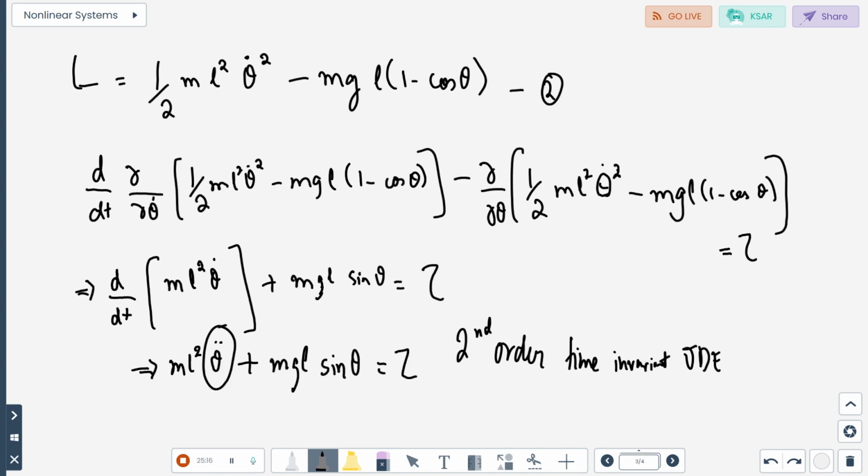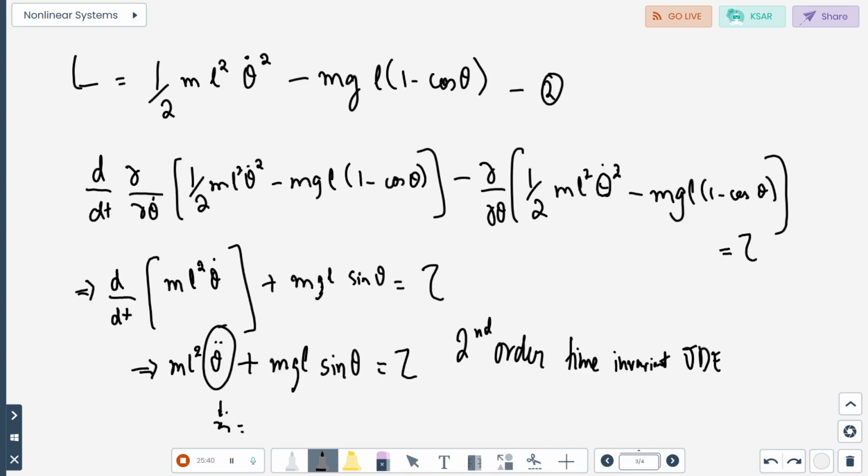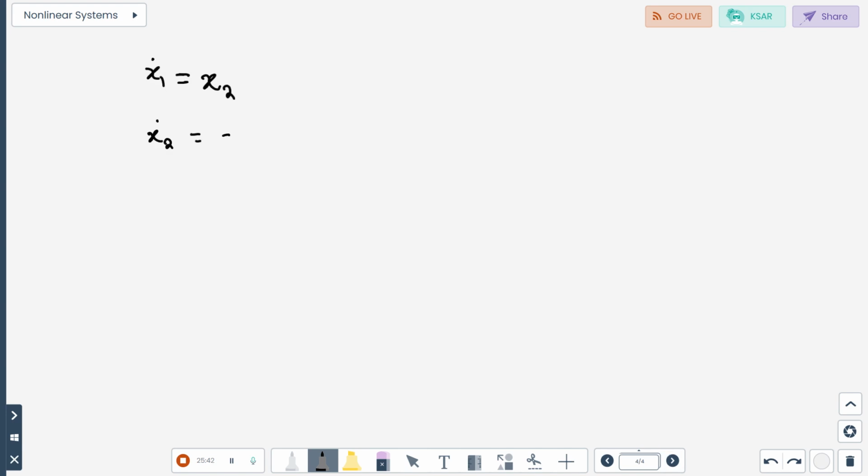X2 dot is actually this term, so x2 dot will be equal to tau minus mgl sine x1 divided by ml square. Minus mgl sine theta plus tau divided by ml square.